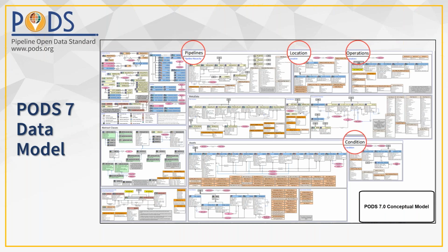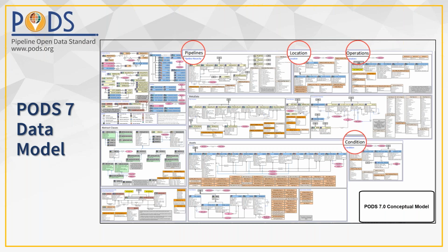So bam, here we are, PODS 7. This is the conceptual model of PODS 7. Right away, it's completely different looking, isn't it? We've taken this little journey together over these last few slides to pay an homage to all of the updates and improvements that have been made over the years of PODS to get to where we are today with PODS 7.